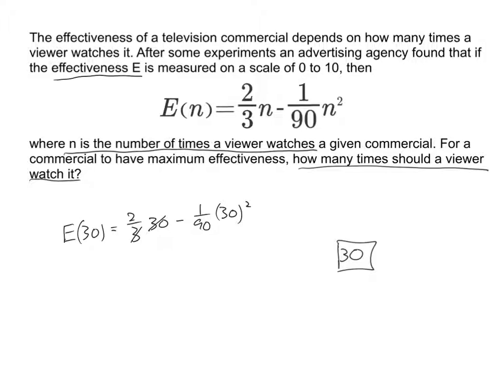Well, 3 divided into 30 is 10, so that's going to give me 20. Then minus 1/90 multiplied by 900. The 90 goes away with the 900 to make it a 10. So you end up getting 20 minus 10, which is 10, which is the most effective value on the scale.